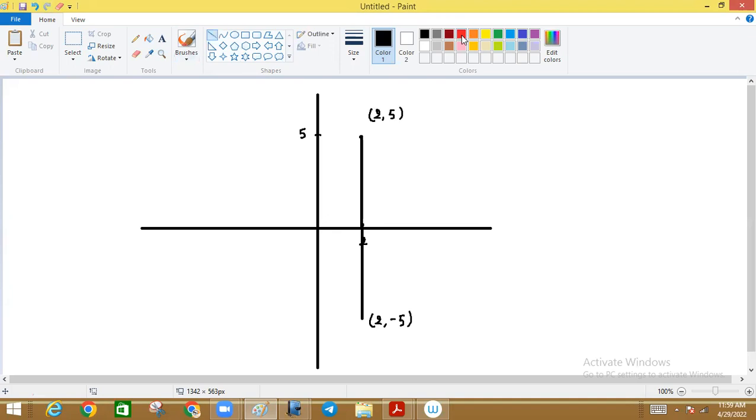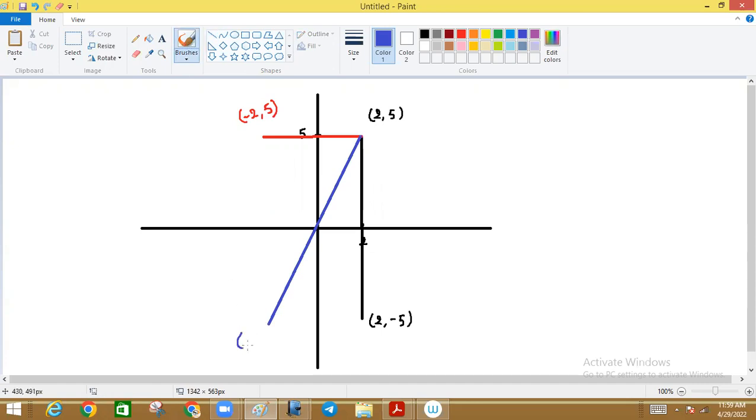Reflection with respect to the y-axis. Does it become (-2, 5)? What remains the same? Y remains the same. Reflection with respect to the origin. What is it?